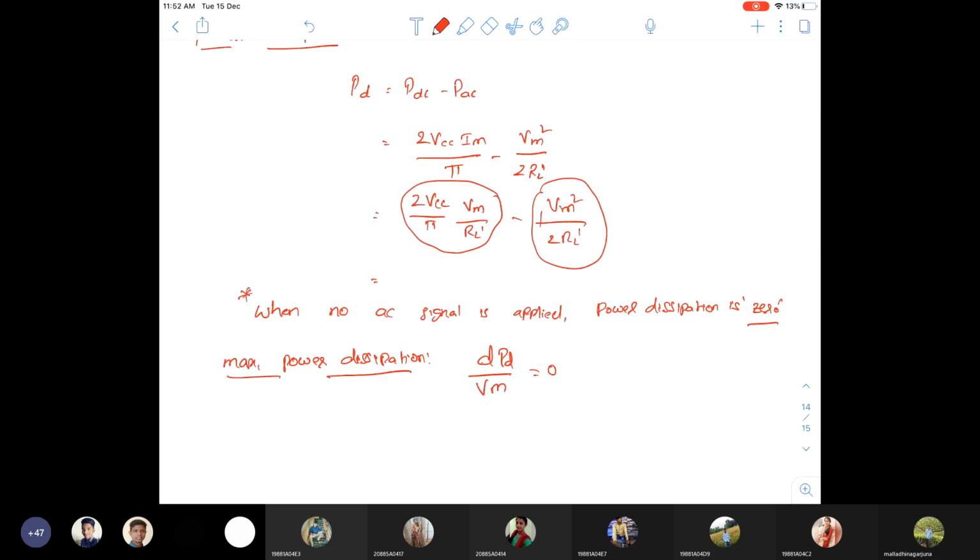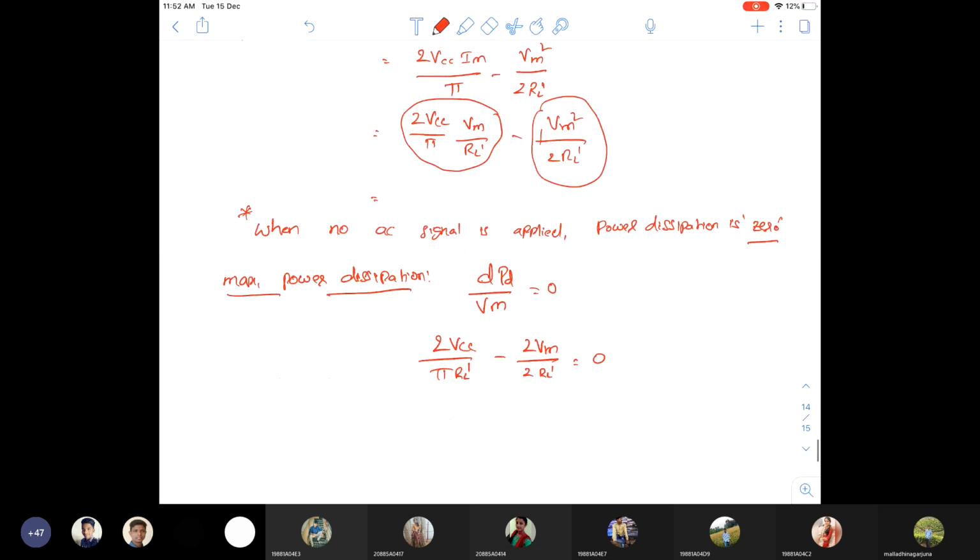So now differentiation of PD చెప్పండి: 2 VCC by pi RL dash minus 2 VM by 2 RL dash equal to 0. So 2 VCC by pi RL dash equal to 2 VM by 2 RL dash.